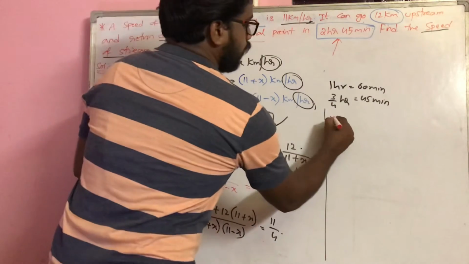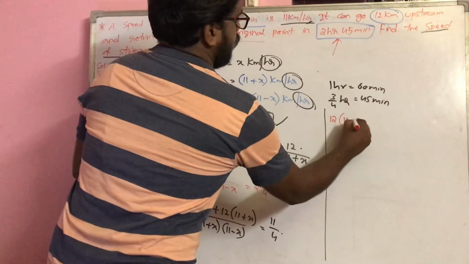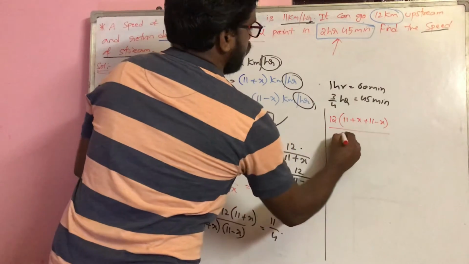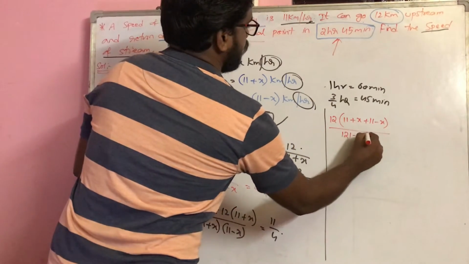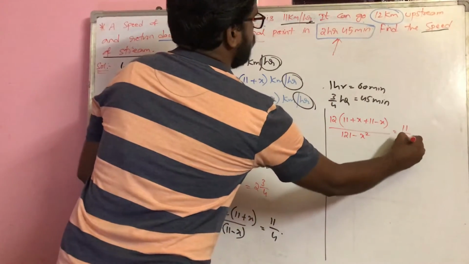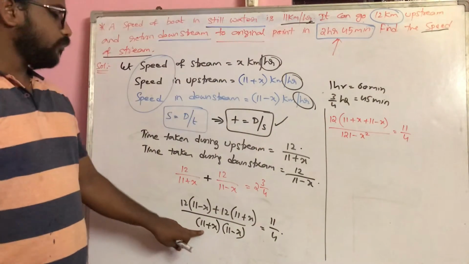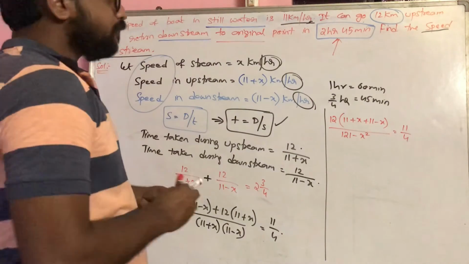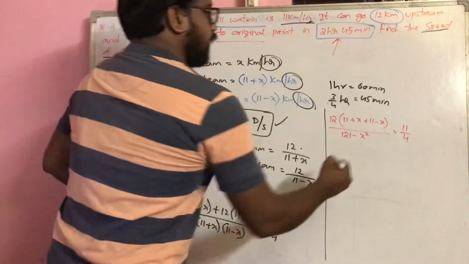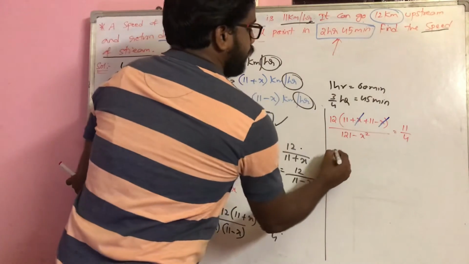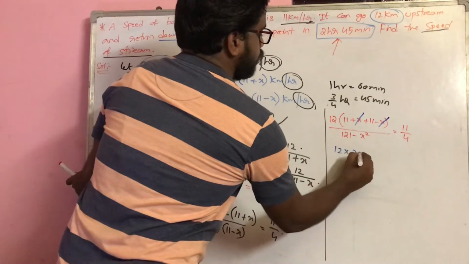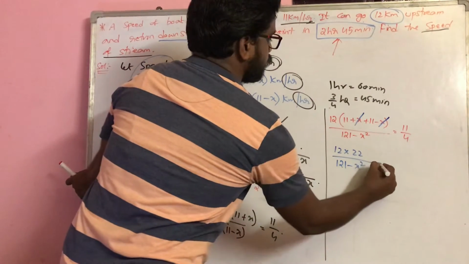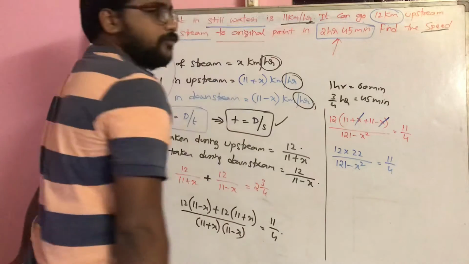If you pull out the 12 as common, you will get 11 plus x plus 11 minus x, whole divided by, in the denominator, a plus b into a minus b, so a square minus b square. 11 square is 121 minus x square. Now you can cancel out x and x here. So this is 12 into 22 divided by 121 minus x square is equal to 11 by 4.